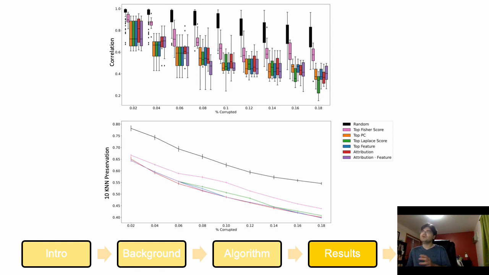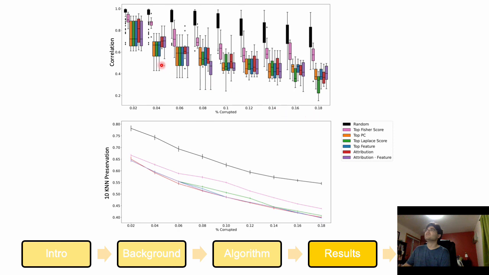Doing it this way, we could also compare it to other forms of unsupervised feature importance methods, including the Laplace score, and supervised methods such as the Fisher score. On the top, we have the Spearman correlation, and on the bottom, we have the k nearest neighbors preservation score. Along the x-axis, we have the percentage of corruption that we did, from 2% all the way to 18%.